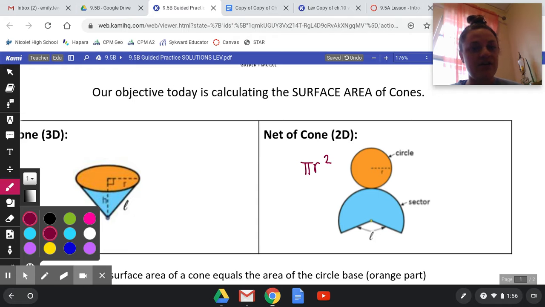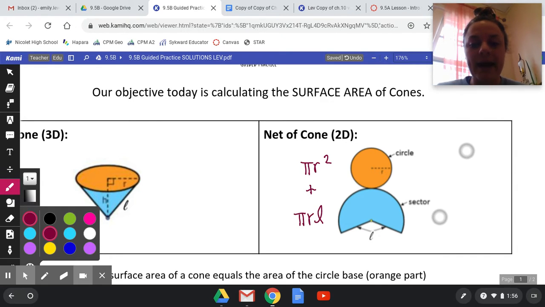To find the area of a circle, you do pi r squared, but then you have to add to that pi r L. That gives you the area of that curved surface going around the cone. I'm not going to talk about that right now, but if you stick around at the end of the video, I'll explain more of where that comes from.